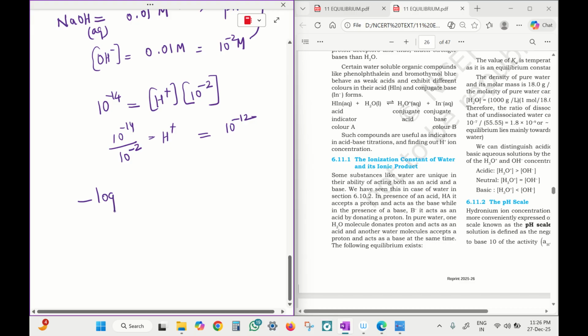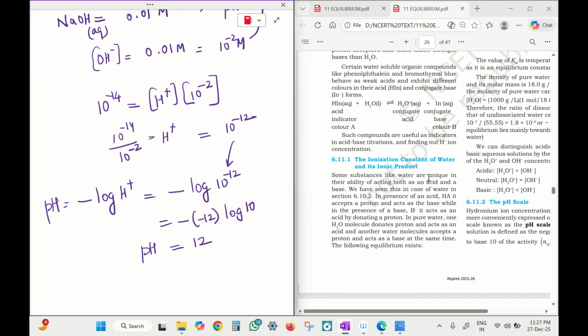Now let us take the negative log of H plus, which would actually give me the pH. Negative log of H plus ion concentration from here is 10 to the power minus 12, so this will be minus of minus 12 log of 10. In other words, the pH of this NaOH solution would become 12.